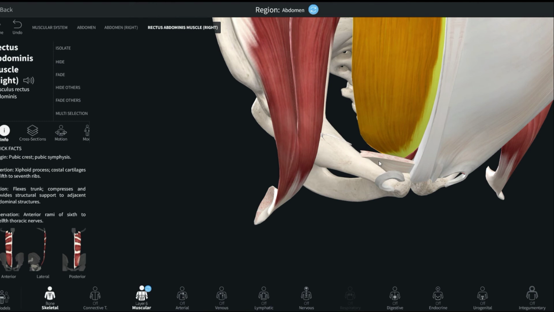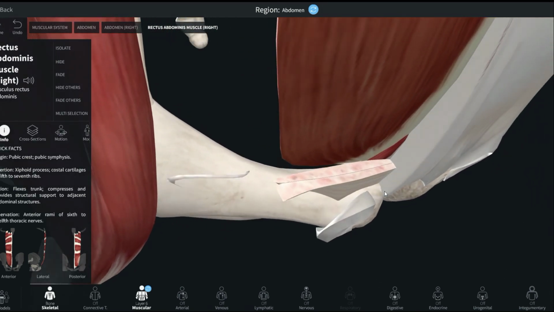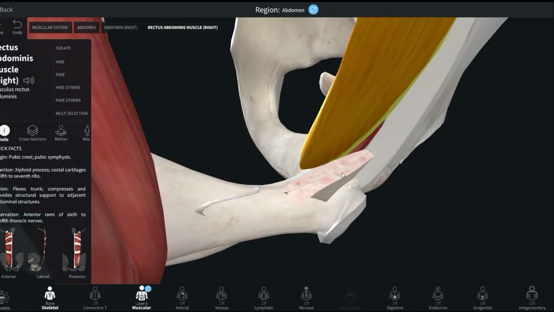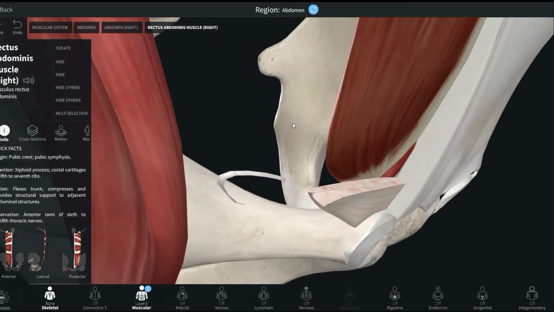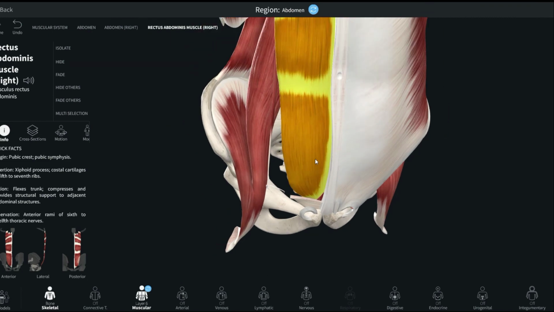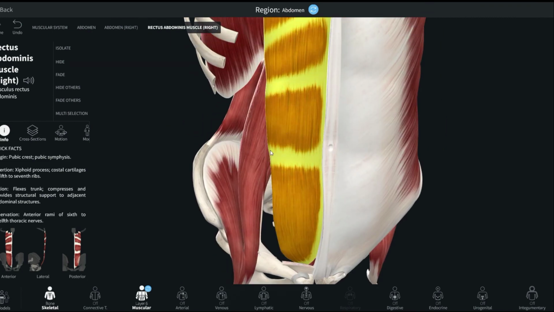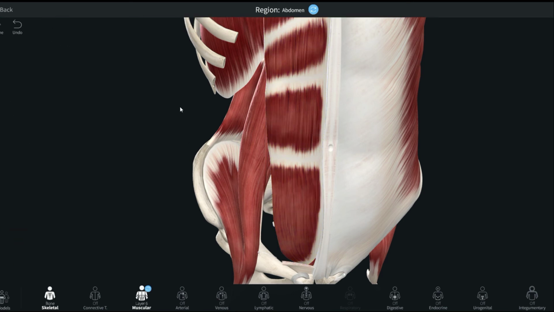So the lateral part of the pubic crest gives origin to the lateral head of the rectus abdominis, whereas the medial head takes origin from the medial part of the pubic crest. Medial part of the pubic crest, that is this part. Yeah, this part. Okay, so lateral part of the pubic crest, lateral head; medial part of the pubic crest, medial head; they fuse to form the actual rectus abdominis muscle, right?